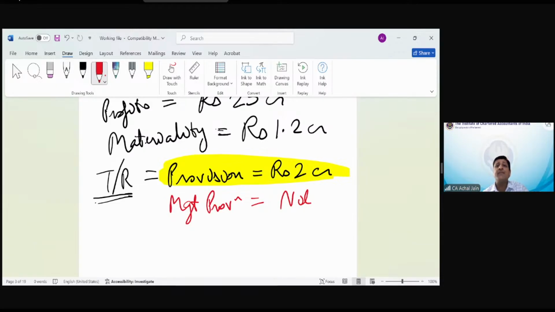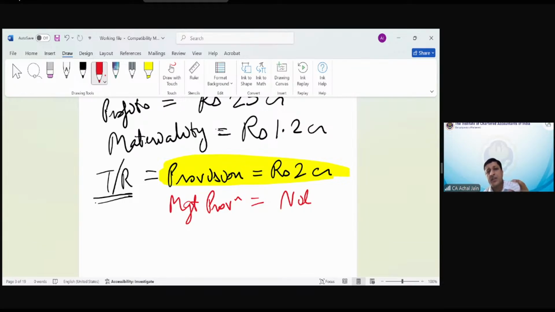But management doesn't have anything to substantiate why no provision should be created. The auditors are not convinced, and that's why they would want to create a provision.